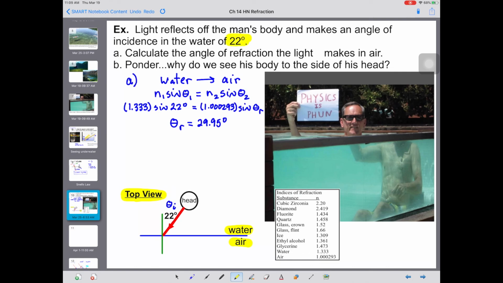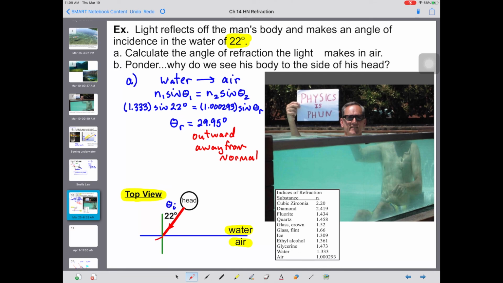Now, 29.95 degrees compared to the original angle of 22 degrees, that means that the light is going to bend outward. It's going to bend away from the normal.